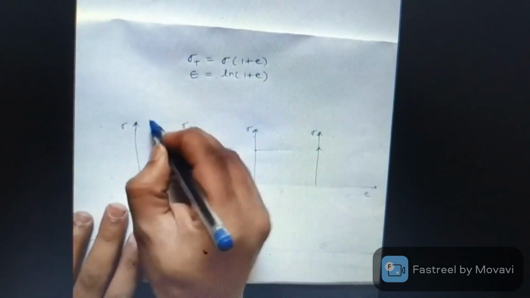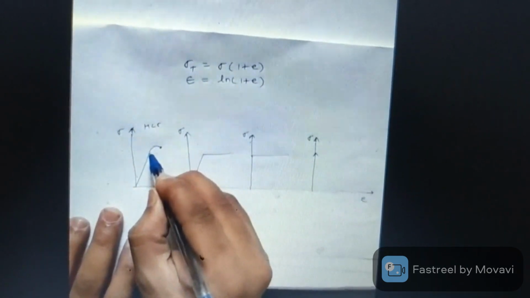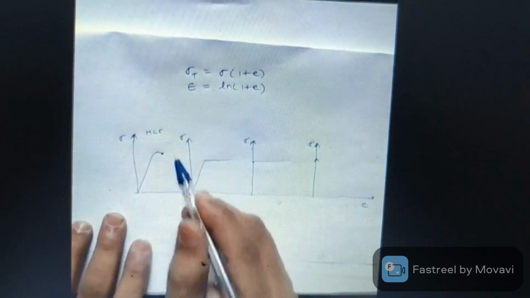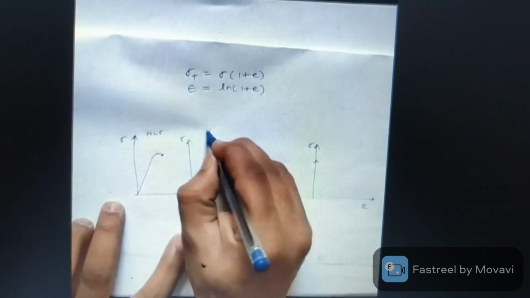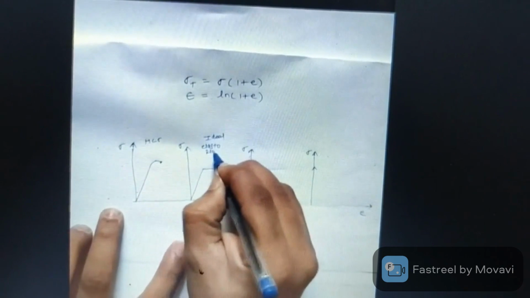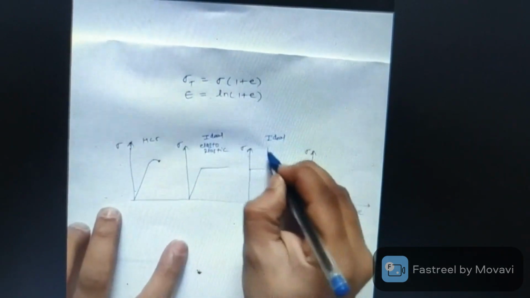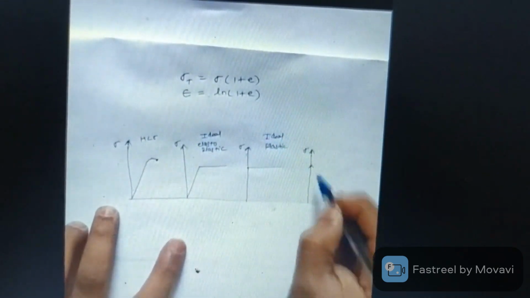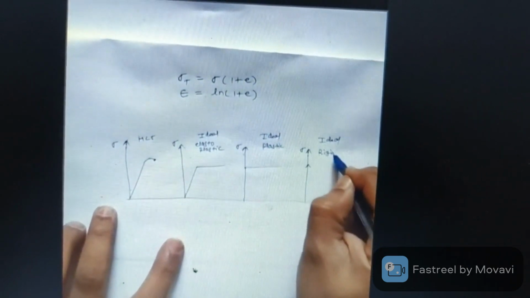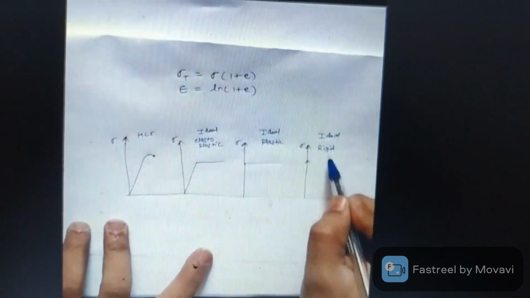If we consider high carbon steel or brittle materials, here we can see the elastic limit, then the ultimate strength, and then breaking. This is the ideal elastoplastic material curve, and this is the ideal plastic material curve, and this is the ideal rigid material curve. There is no strain, so this is the rigid material.